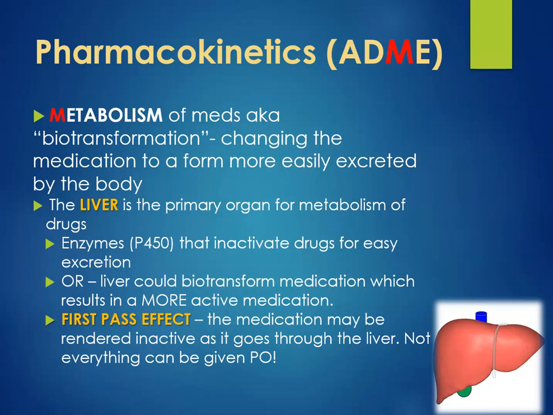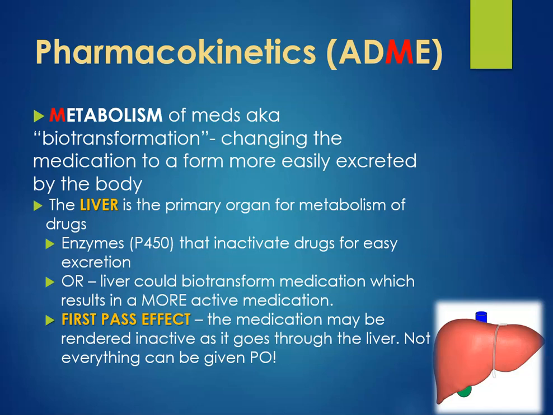And then the last thing that you need to know is something called the first pass effect. Let's just say this is related to oral medication, all right? When you take a pill and it goes down into your stomach and into your small intestine, and it gets absorbed across the small intestine and goes into the hepatic vasculature and into the liver, the liver right there might just totally knock it out of effectiveness.